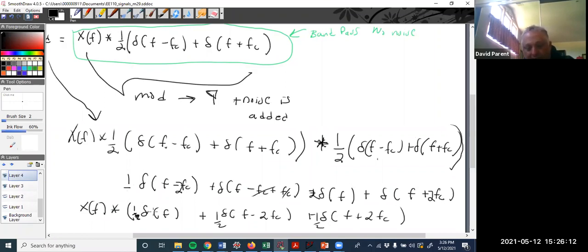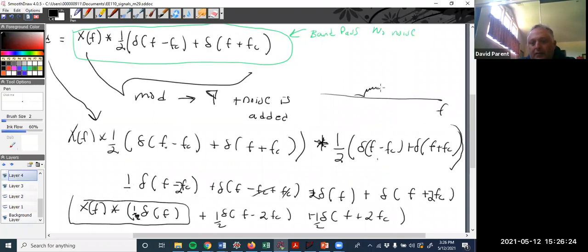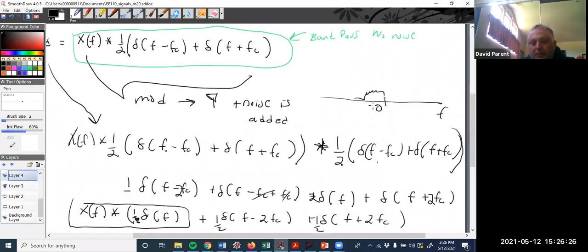Anything convolved with a delta function is itself, right? So that's how we get our original data. Okay, this bit right here is this. And then I have my two delta functions at 2fc and minus 2fc.